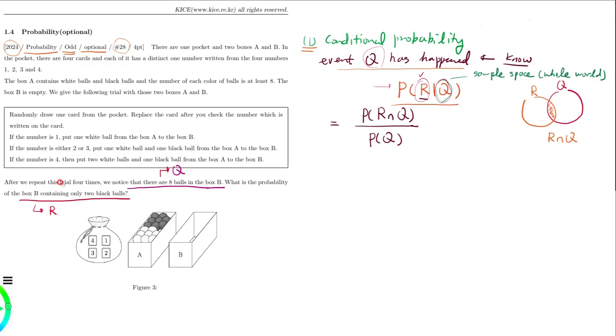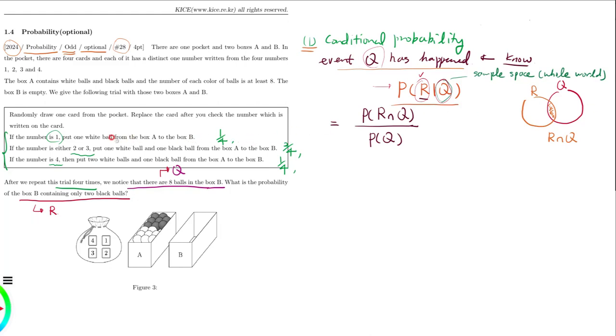In this case, we repeat the trial 4 times. This is the trial here. Each trial has probability 1/4, this trial has probability of 2/4, and this trial has probability of 1/4 respectively.